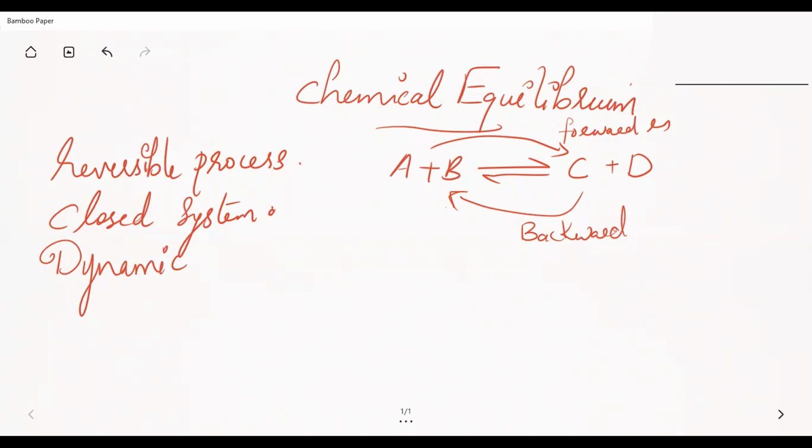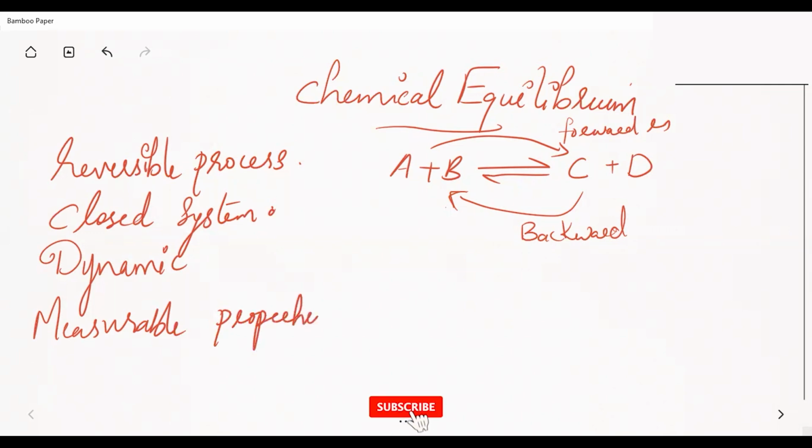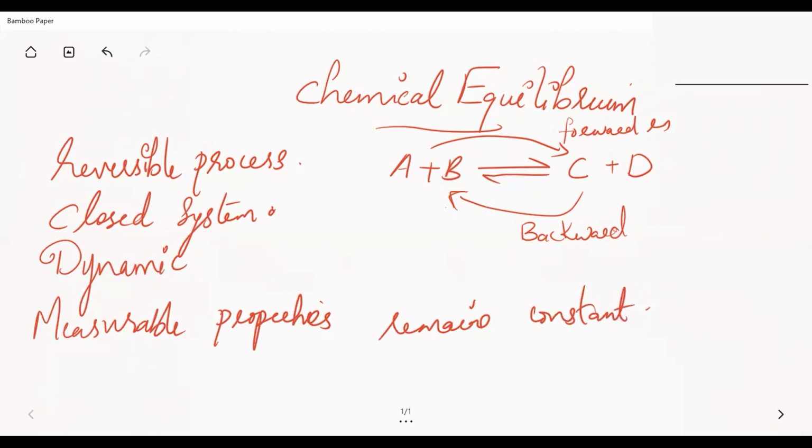And in this equilibrium, all the measurable properties, like temperature, pressure, concentration, remain constant. That is the main point you must remember when you think about an equilibrium process.